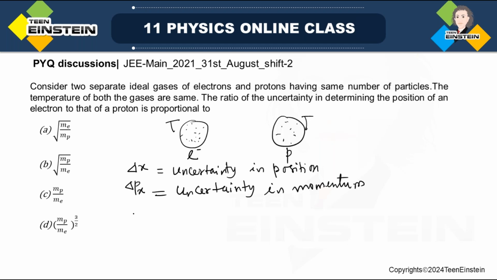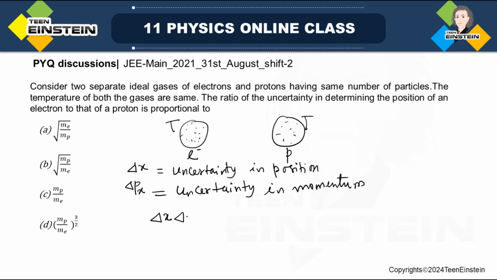See, according to Heisenberg, for a quantum particle, position and momentum cannot be accurately measured simultaneously to arbitrary precision, or arbitrary accuracy.